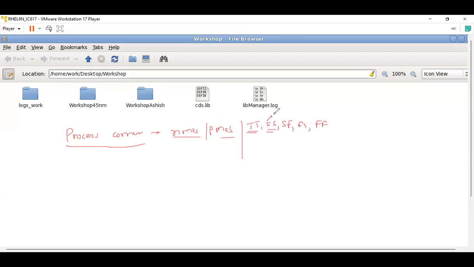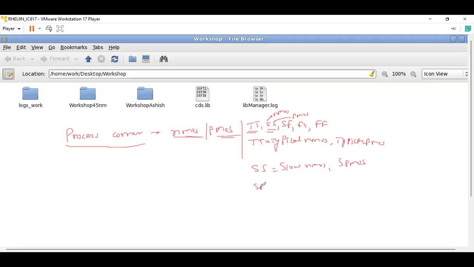In these, the first letter is for NMOS and the second is for PMOS. When I talk about my normal simulations, I take TT, meaning typical NMOS and typical PMOS. Similarly, SS means slow NMOS and slow PMOS.